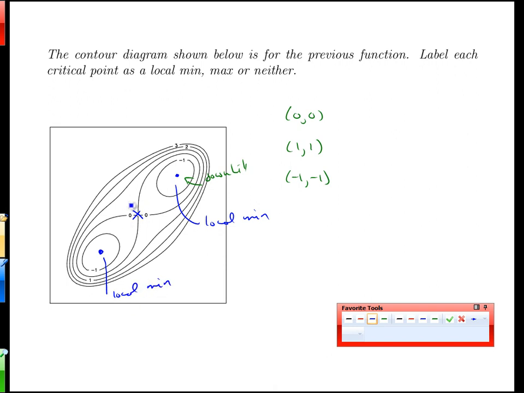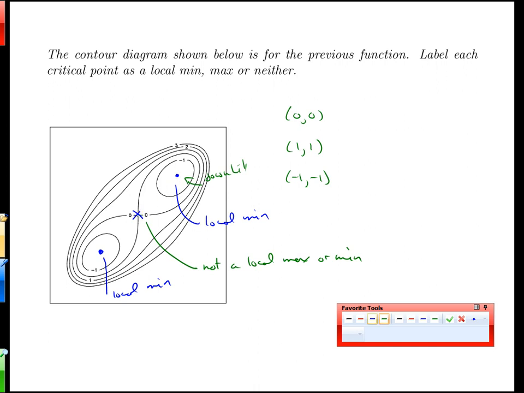This one here is a different kind of beast. Let's emphasize that. It's certainly not a local max or min. We can see that in two ways. First off, it's not presenting itself in the classic way on a contour diagram of being the innermost point of a nested series of contours, like these 2 points are.